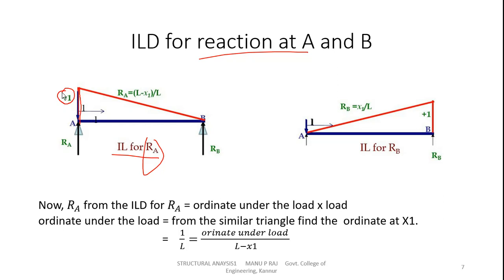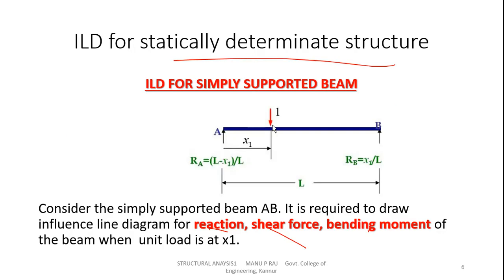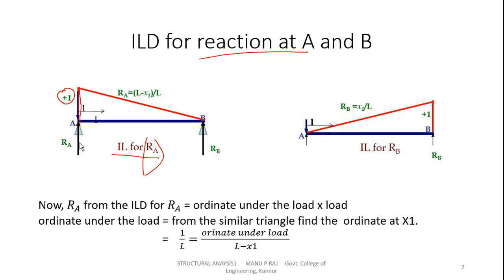And if you want to calculate the ILD ordinate at a distance of x1, you can get it from similar triangles, considering this triangle and this small triangle.